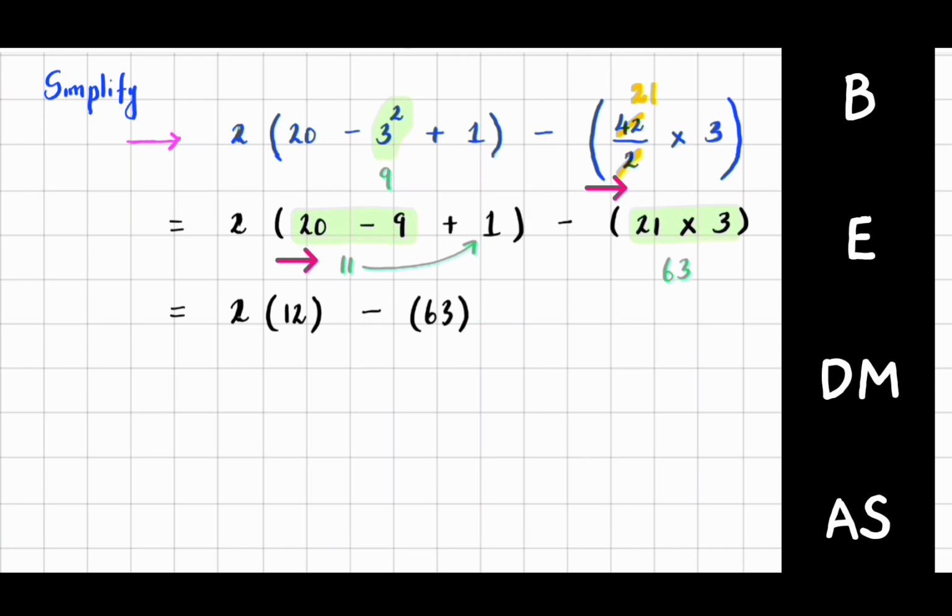Remember, when you have only one number, you don't need to put brackets on that. And we know that brackets or parentheses are another form of multiplication. So we have 2 times 12 is 24. And that 24 minus 63 is negative 39.